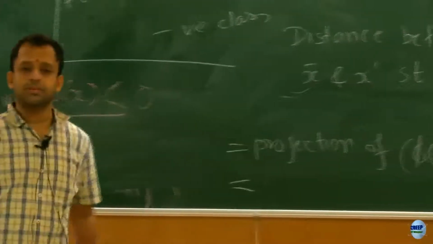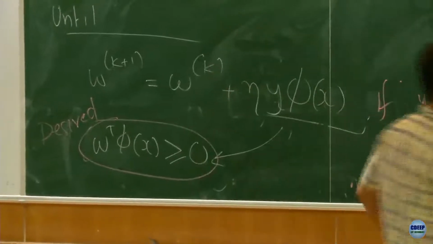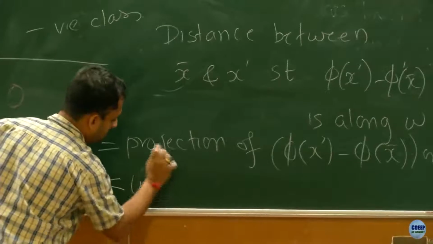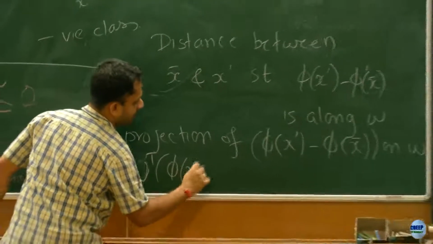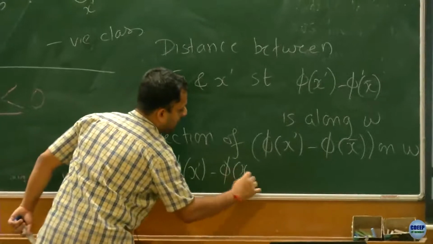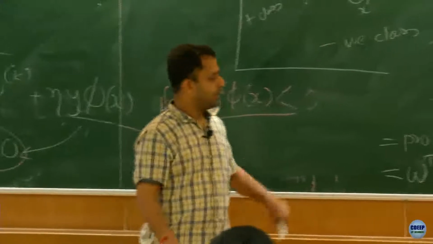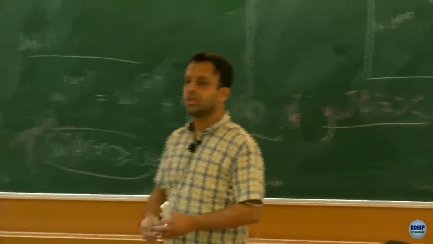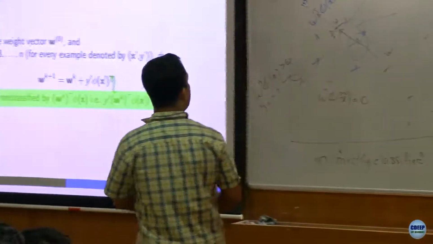And what does the projection evaluate to? Dot product. So it's W transpose (phi x prime minus phi x bar). What is W transpose phi x bar?